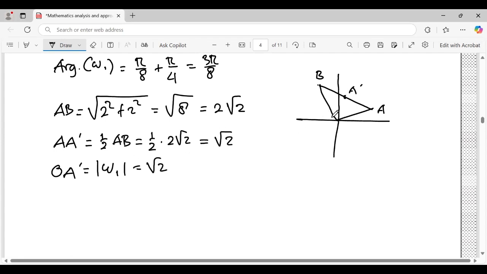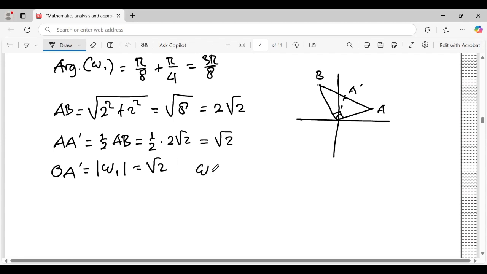So this is a right angle, and O to A accent equals square root 2.